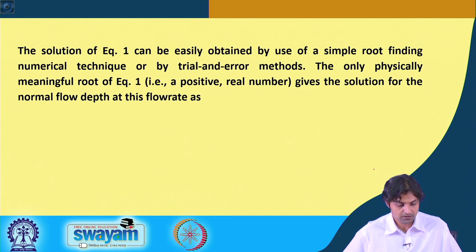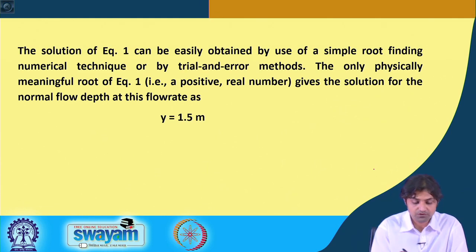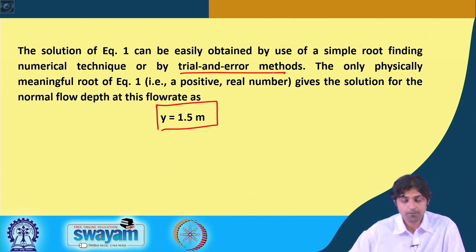Okay. So, the solution of the equation can be obtained easily by use of a simple root finding numerical technique or by trial and error methods. The only physically meaningful root of equation 1 gives the solution for the normal flow depth for this flow rate. The technique is trial and error, for example.